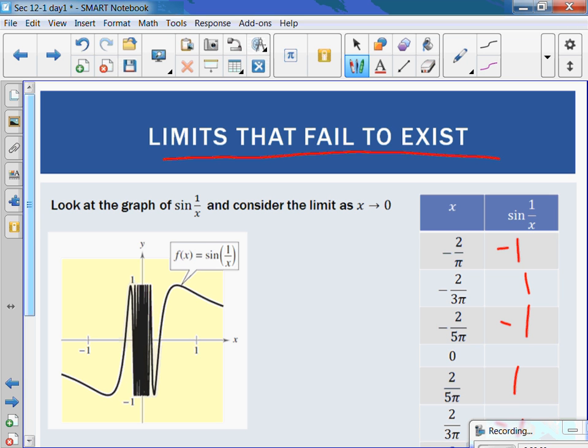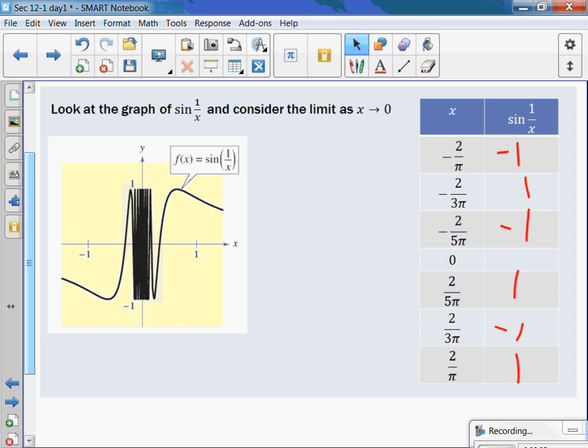Negative 2 over 7 pi, negative 2 over 20 pi, negative 2 over 100 pi. It's just going to keep on oscillating between negative 1 and 1 without any stop. So if it oscillates, such as this, no limit.